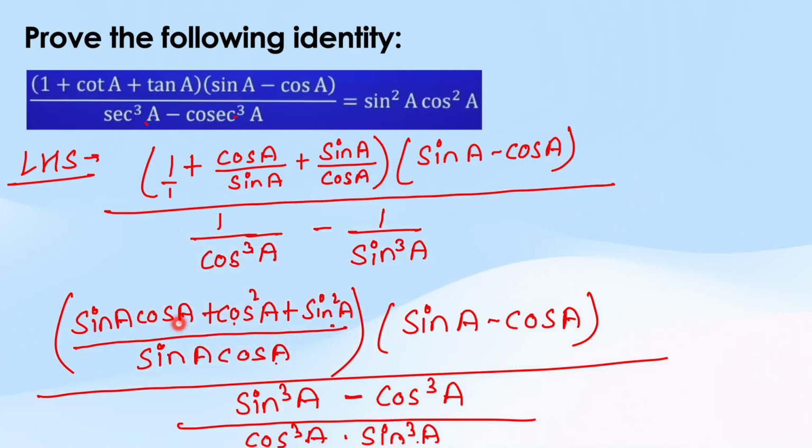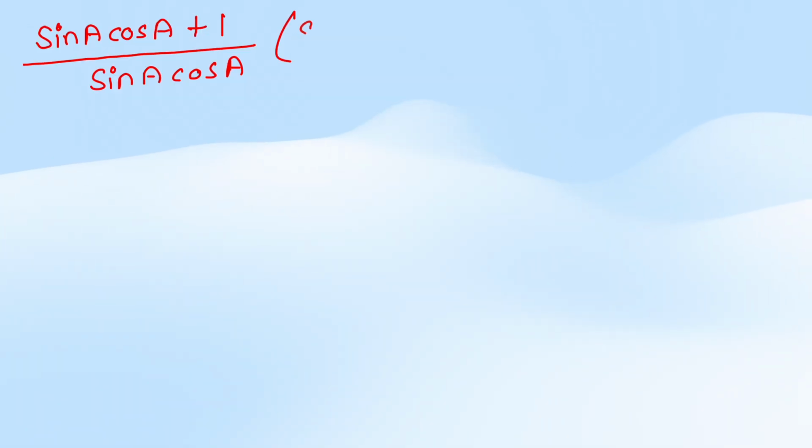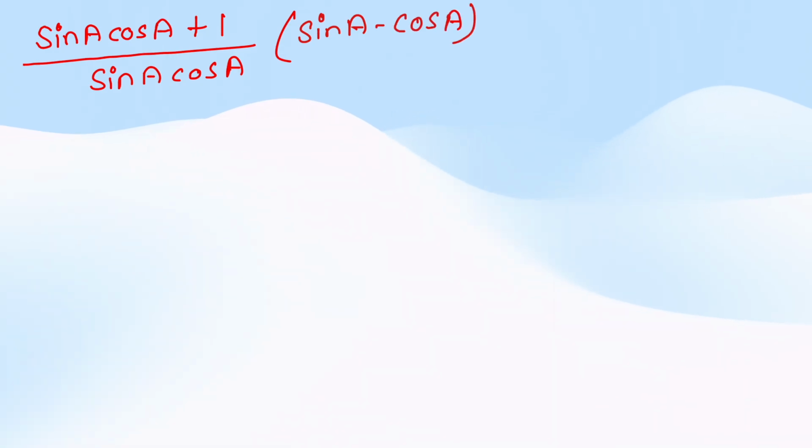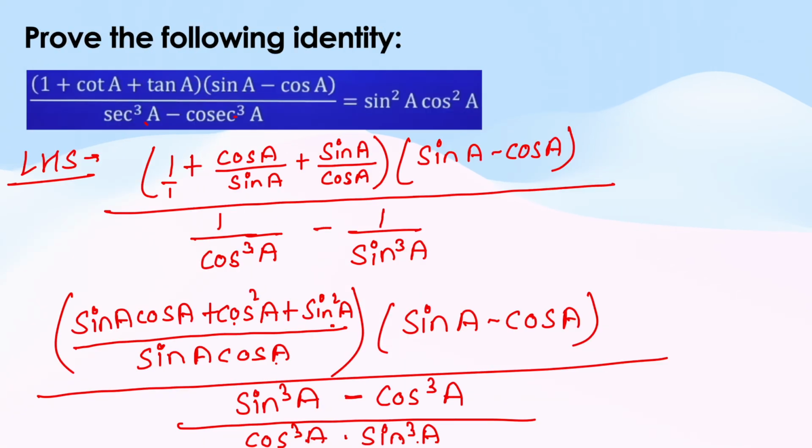So sin A cos A plus 1 by sin A cos A. And what was in multiplication? In multiplication, it was sin A minus cos A. Write it as it is. Divided by what we have in the denominator, sin cube A minus cos cube A.